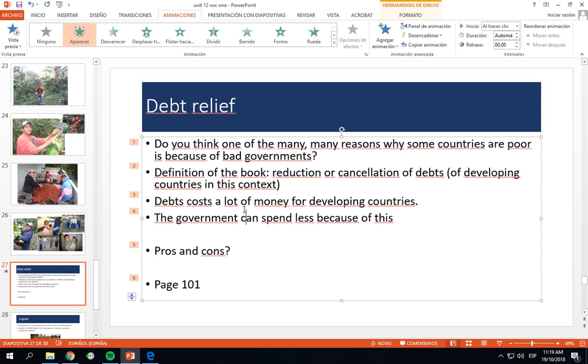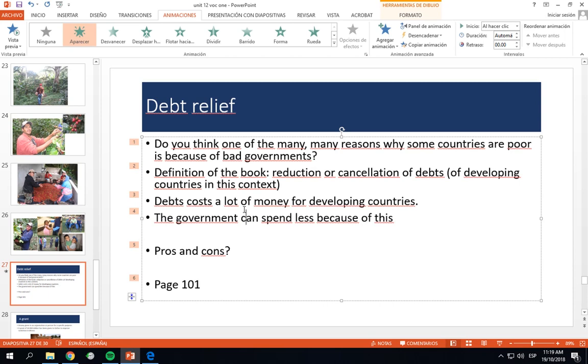Tell me, what could be the critique against debt relief, or what can be the mistake in this argument? What could be the arguments against debt relief? Pause, please, and think about that.